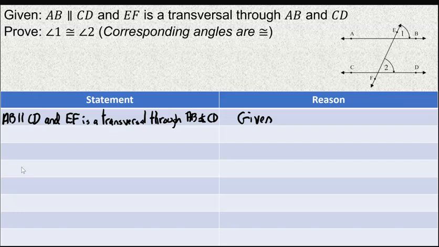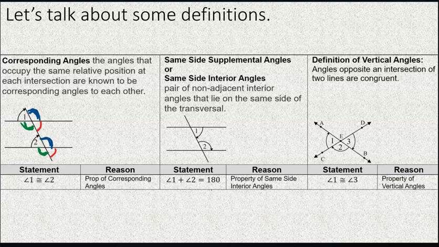What I want to prove is that these angles are corresponding. So, the way I'm going to do that is I'm going to look back at my definitions and see what I can create here, what situation I can create. And the first thing I notice is that I could create same side supplemental angles or same side interior angles.